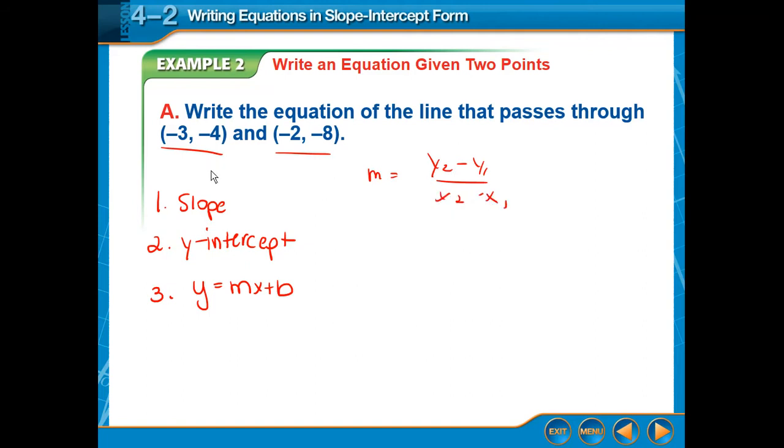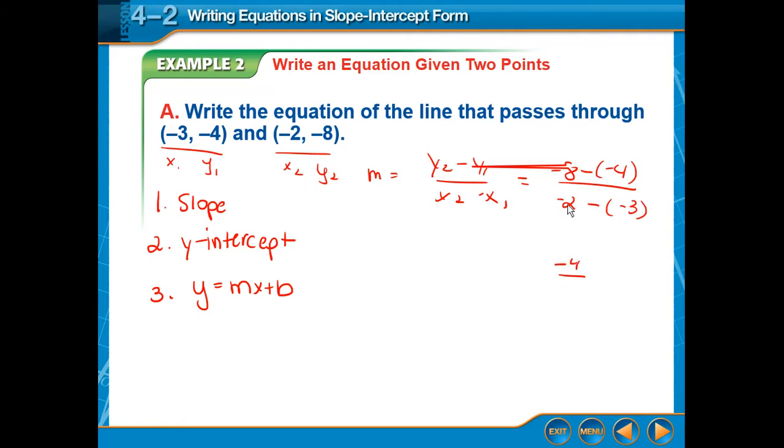So if this is x1, y1, x2, y2, my slope is going to be -8 minus a -4 over -2 minus -3. So -8 plus 4 is going to be -4.